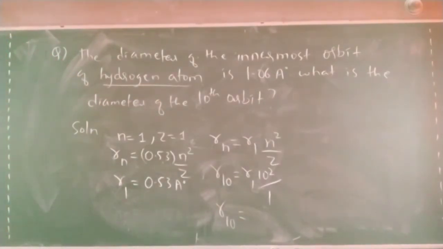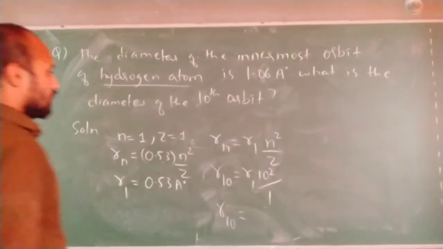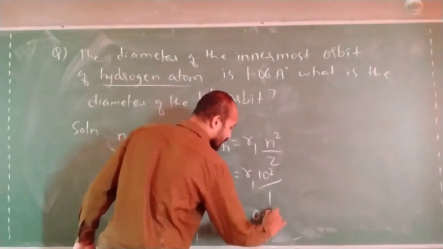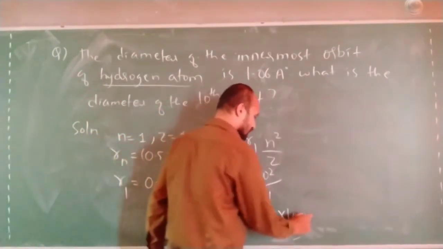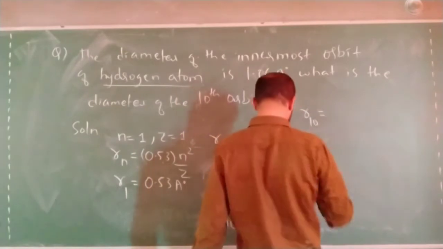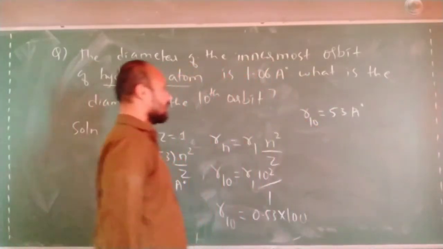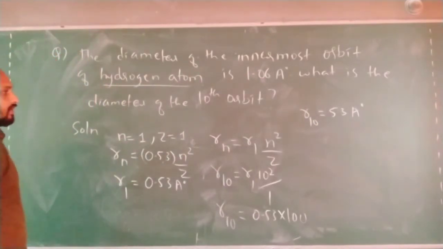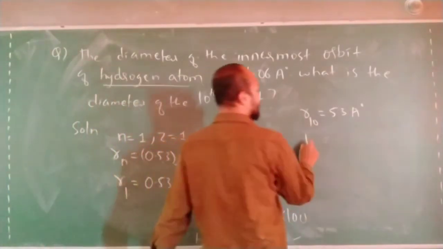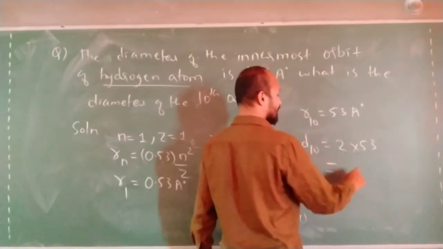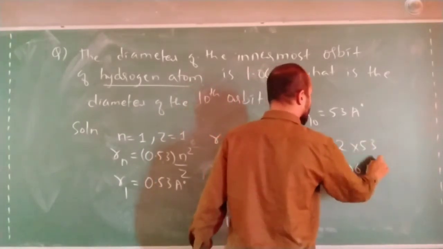Wait one minute. What is R1? 0.53 into 100. So the radius of the 10th orbit will be 53 angstrom. What will be the diameter of the 10th orbit? 2 into 53, 106 angstrom.